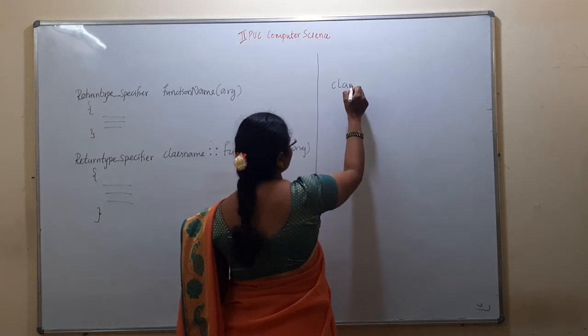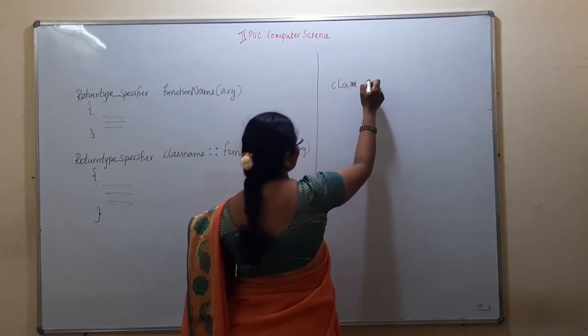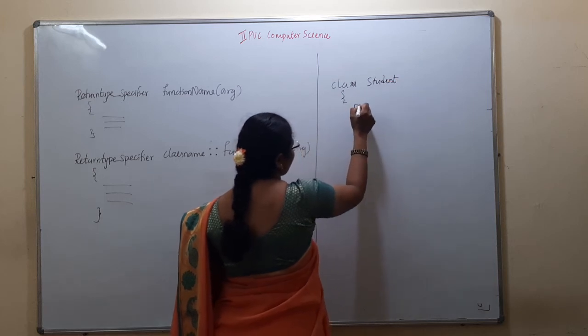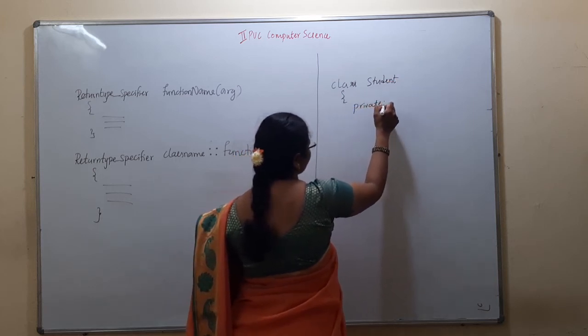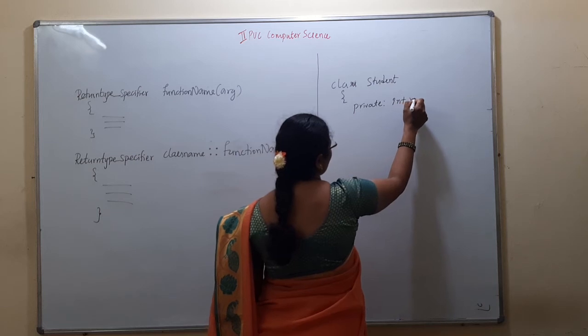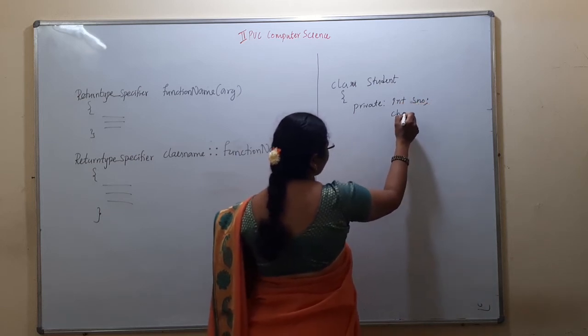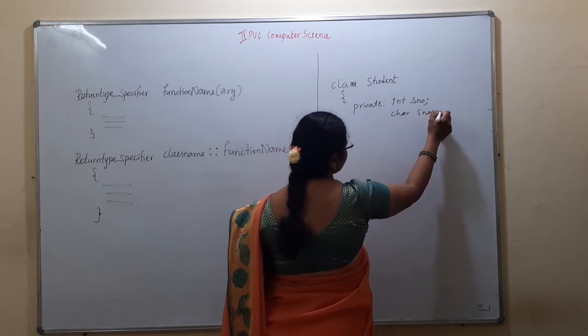Class student. It was a sample. So, private: int S number or roll number, char S name.